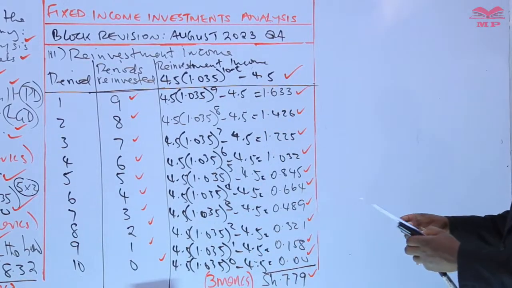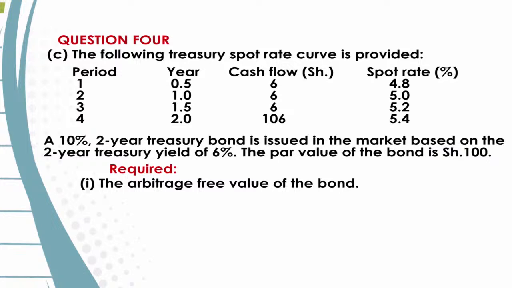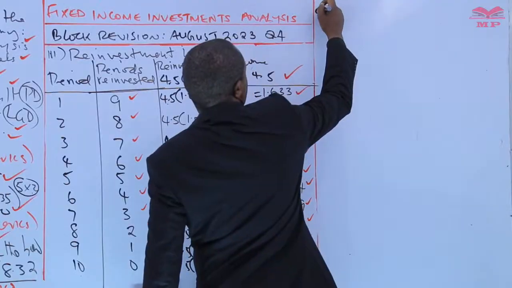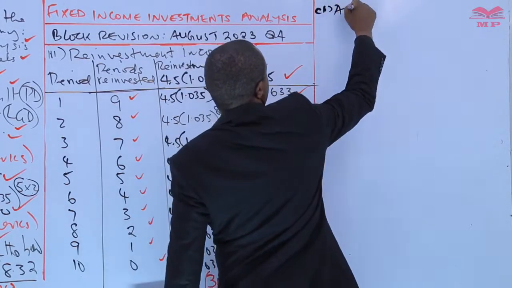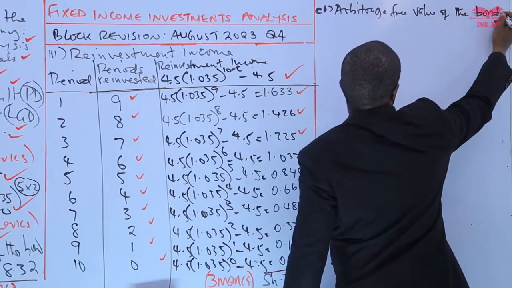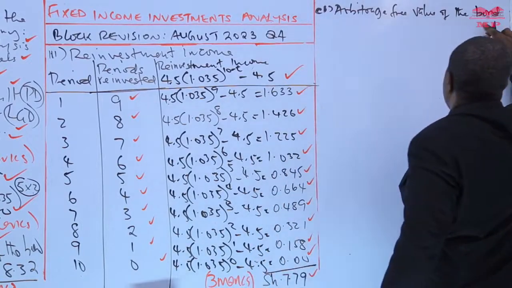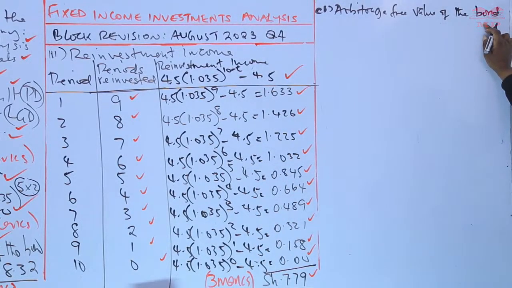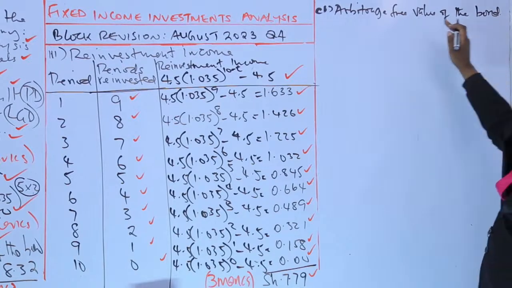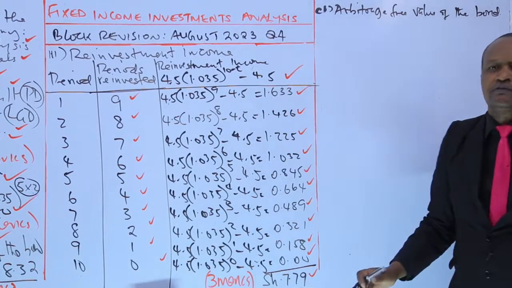Then part C, Roman 1, the arbitrage-free value of the bond. The arbitrage-free value of the bond refers to its theoretical fair market price based on the present value of its expected future cash flows discounted using an appropriate interest rate.